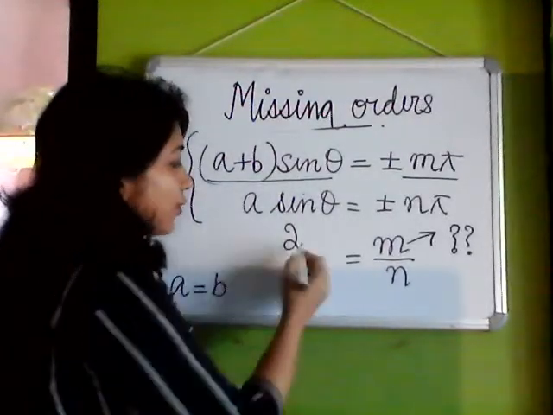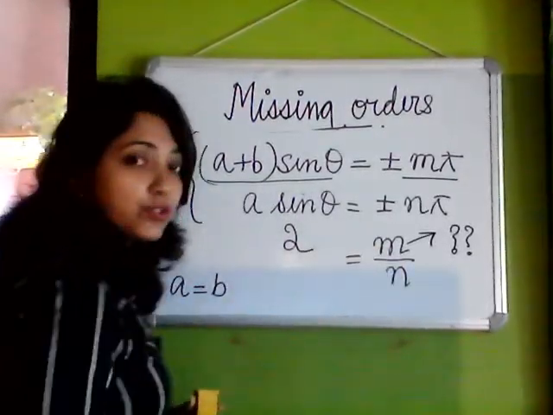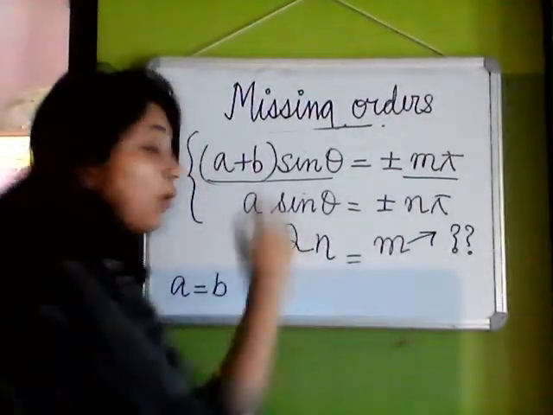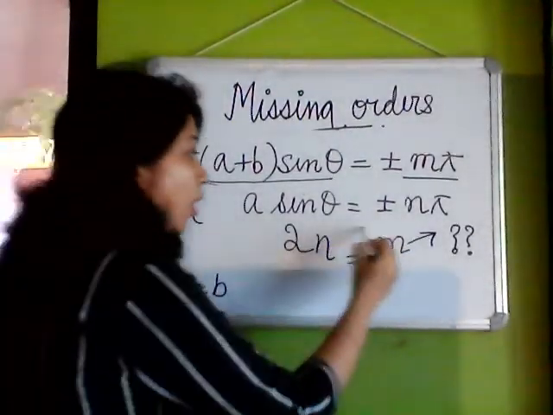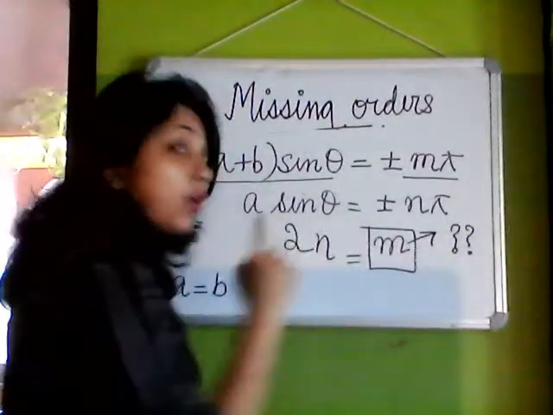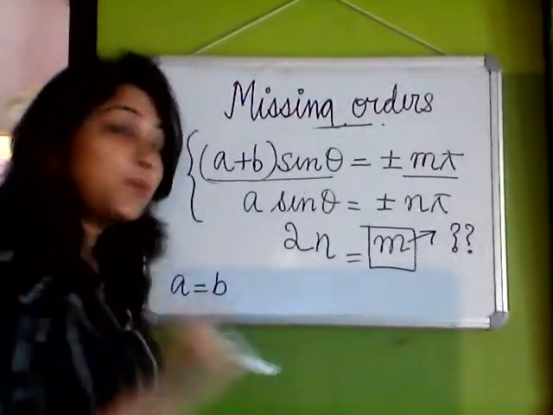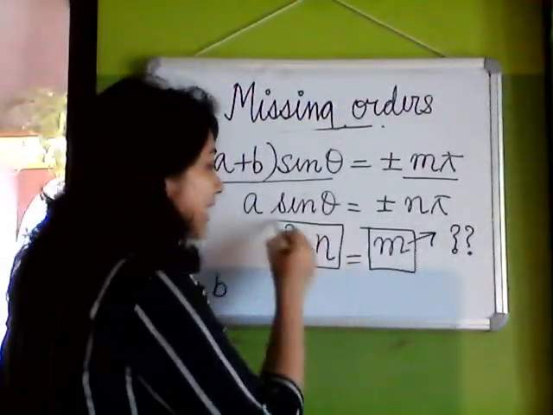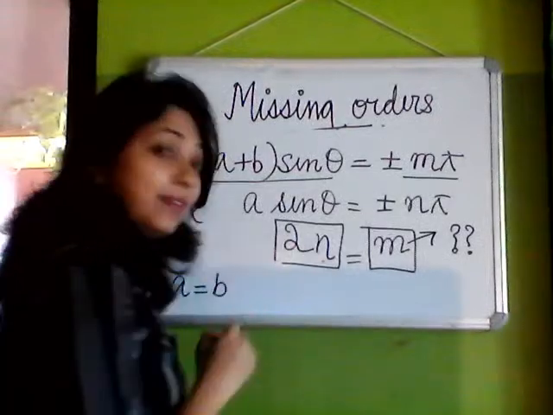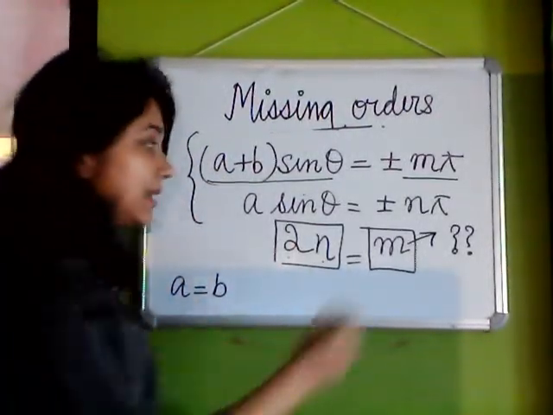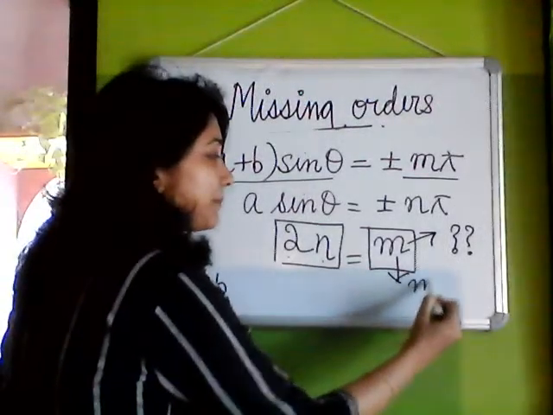So the ratio of m by n is 2, or m is equal to 2n. So all those interference maximas which are equal to the value of 2 into n, where n is the order of diffraction minimas, will be missing.